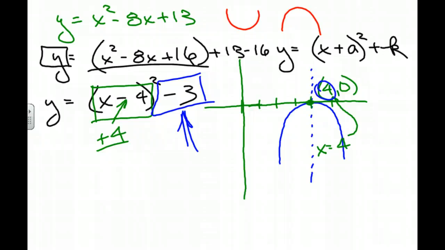My y value of the vertex is that number, so -3. Okay, so my vertex is 4, -3. So really, I did the completing square, but I didn't have to solve anything. I just rewrote it in another form and took information off of that. So you changed the 0 to a -3. Well, that 0 up there was just if this were at 0, that's what it would be.